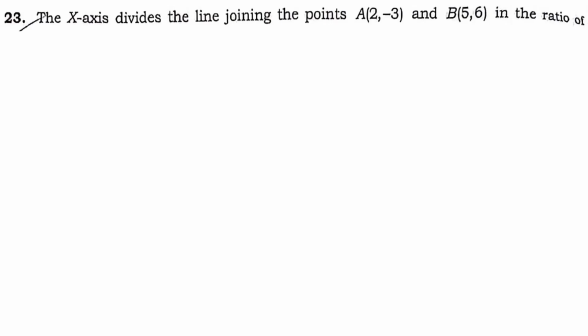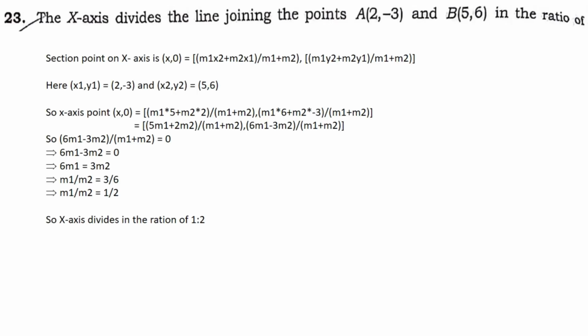So next question, the x-axis divides the line joining the points A (2, minus 3) and B (5, 6) in the ratio of? So the section point on the x-axis is (x, 0). The formula for the x term is (m1 x2 plus m2 x1) by (m1 plus m2), and the y term is (m1 y2 plus m2 y1) by (m1 plus m2).